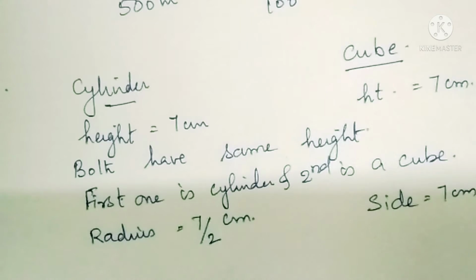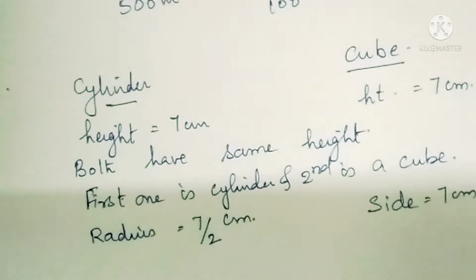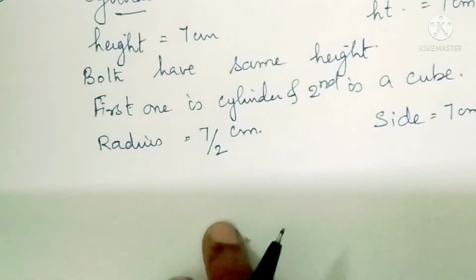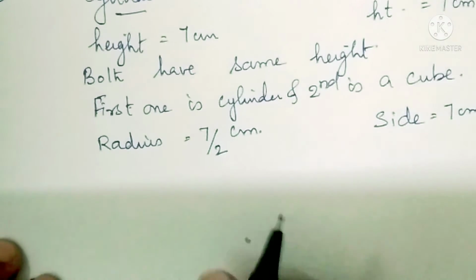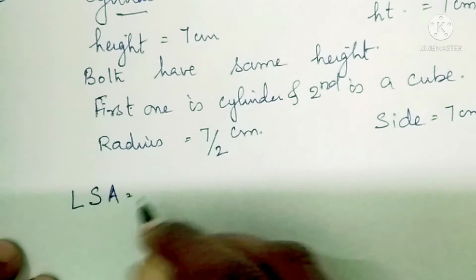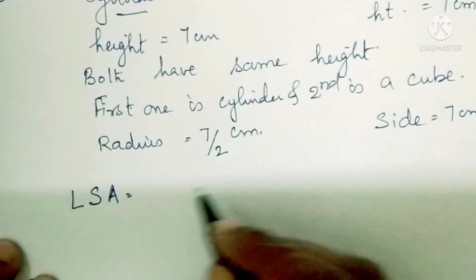What is the difference and what is the similarities we have to find, and also we have to find which box has larger lateral surface area. So we need to find the lateral surface area of both figures. Now what is the lateral surface area of cylinder? It is LSA, right? LSA is equal to, what is the formula? Perimeter into height.